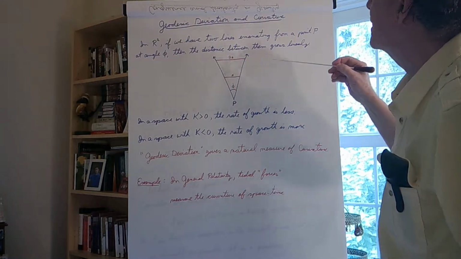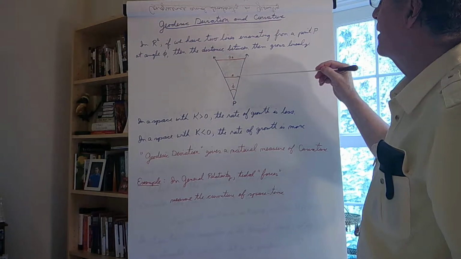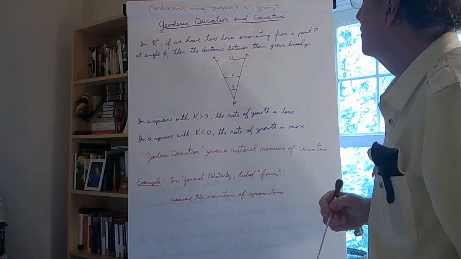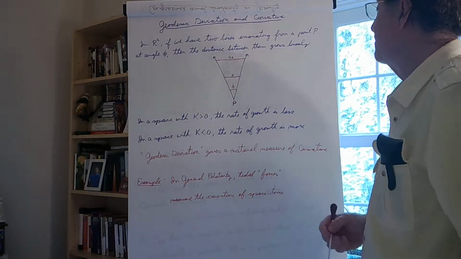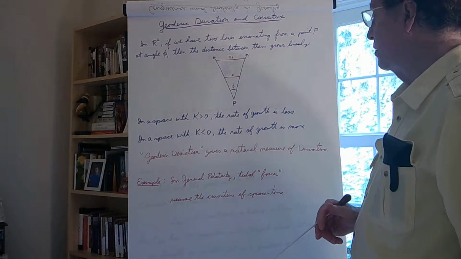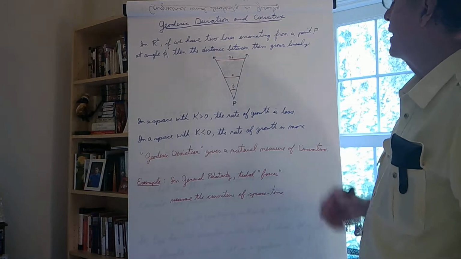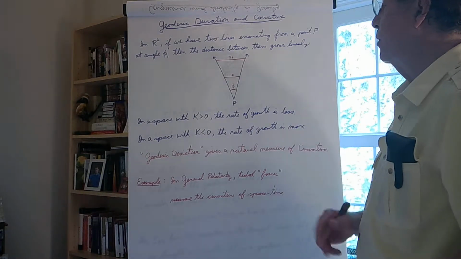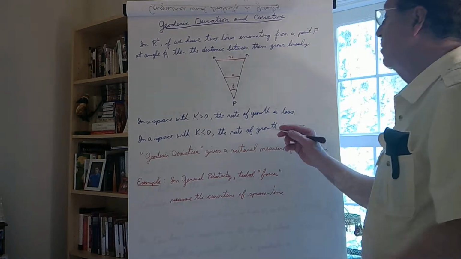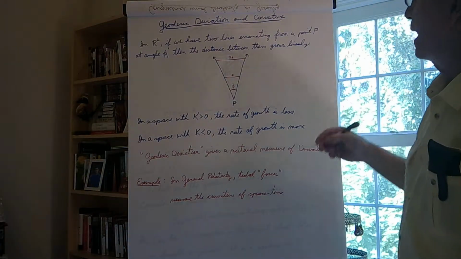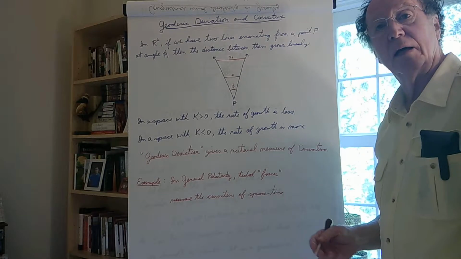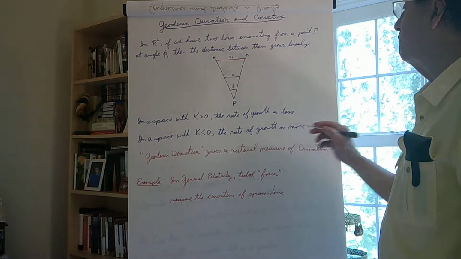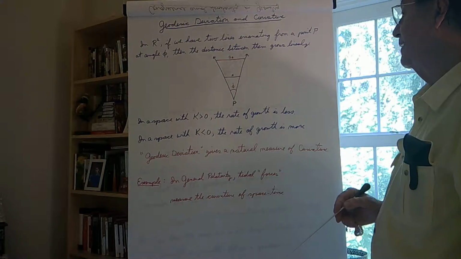Well, it's clear that it's a linear problem here, and so the further out I go, the greater the distance between them, and the relationship is linear. I don't need to make a big to-do about that. Okay, and that's the situation. Now, when I come to spaces where there's positive curvature, we'll find, and we'll demonstrate this in the case of the sphere in an upcoming lecture, that if k is greater than 0, the rate of growth actually is less than linear.